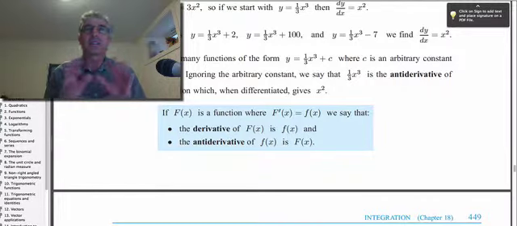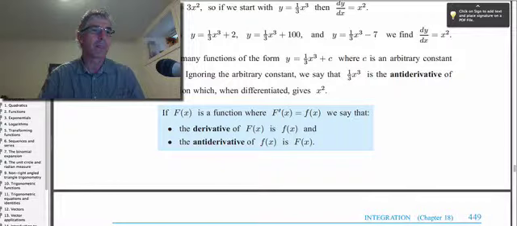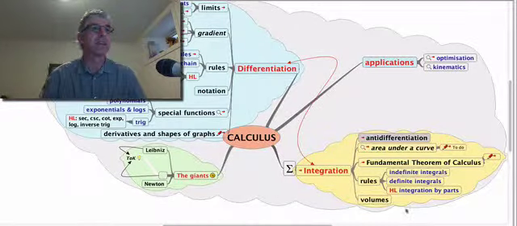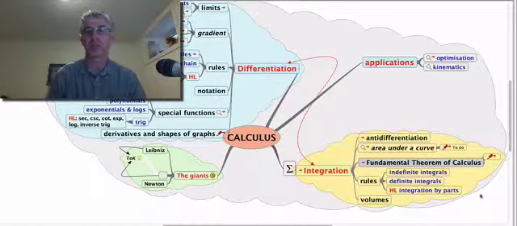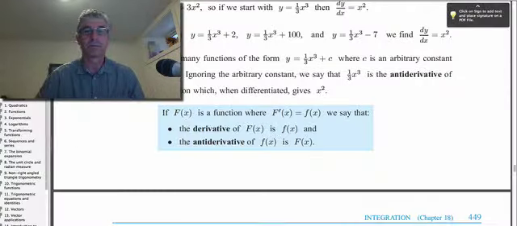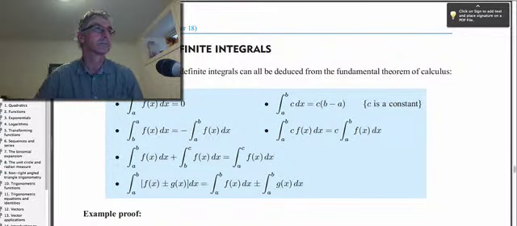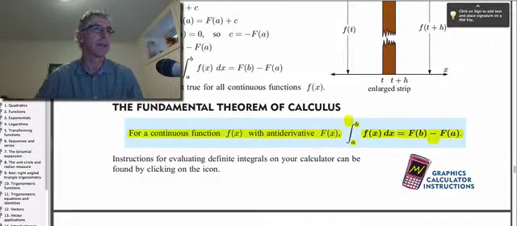So with this understanding now of area under a curve and antidifferentiation, we're ready to link these with the fundamental theorem of calculus. A marvellous theorem, a very powerful theorem. And here it is, the fundamental theorem of calculus.